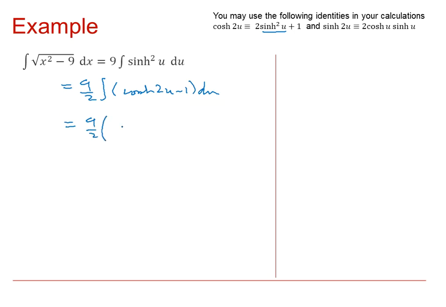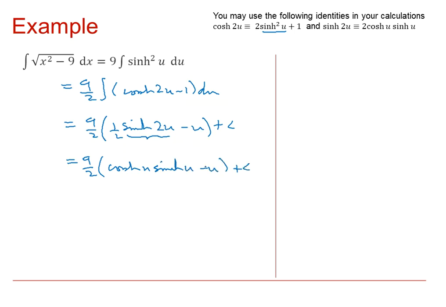And now we can do this integration. It's sinh 2u, but it'll need balancing it with a half, minus u plus c. And if I rewrite the sinh 2u, it becomes 9 over 2. The 2's will cancel out and leave cosh u sinh u minus u plus c.